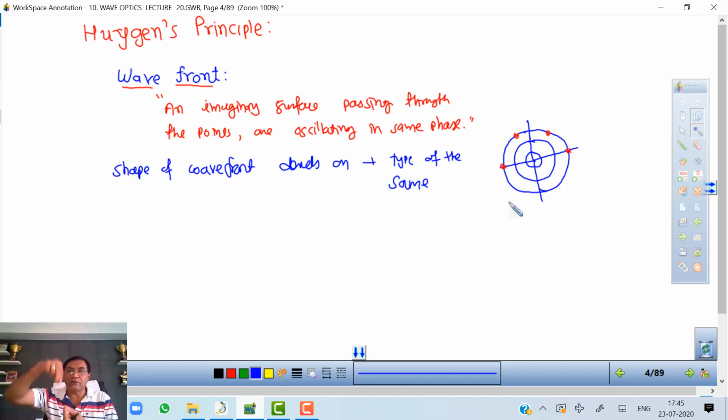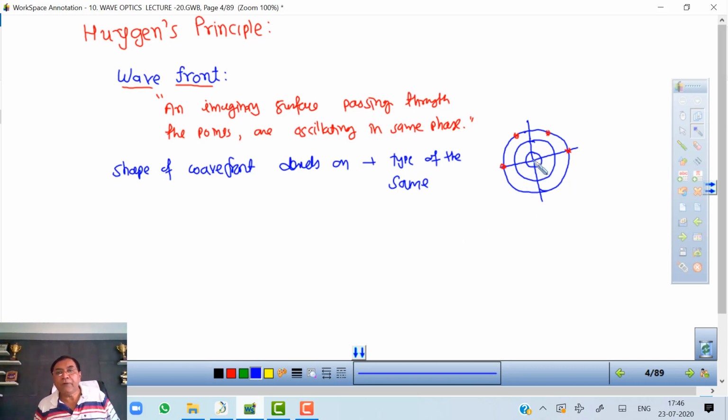Instead of one stone, point-like, if suppose you have one rod placed or dropped, then you will get a wave like this. Plane type.